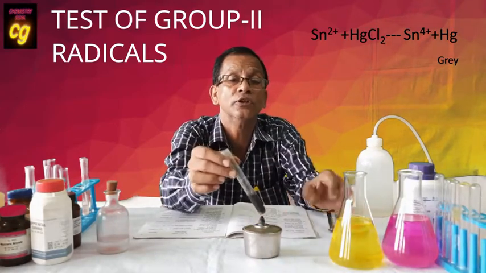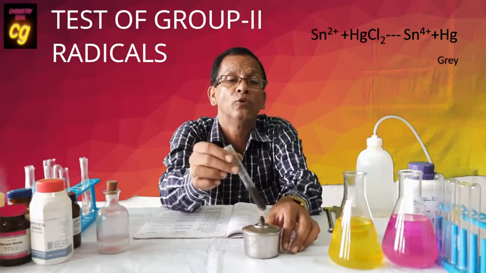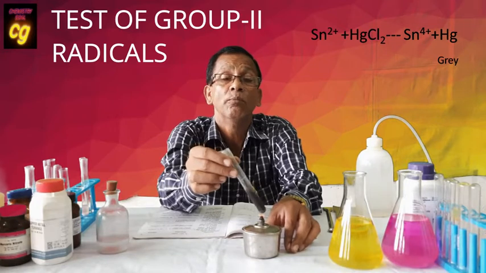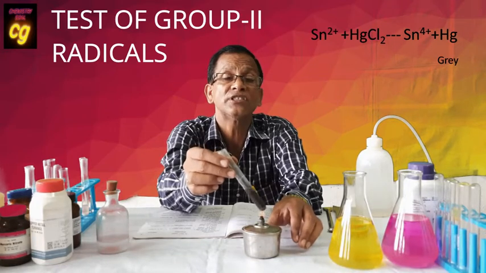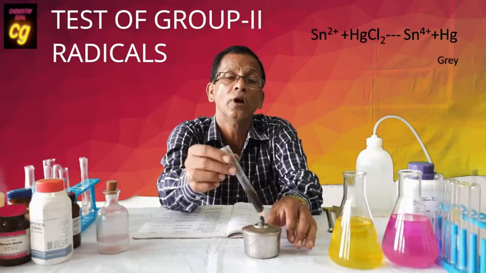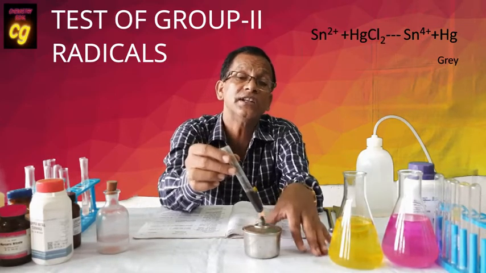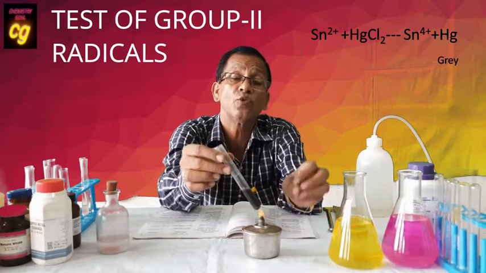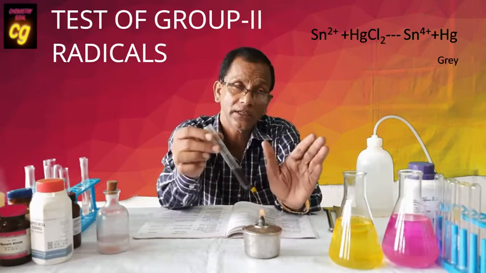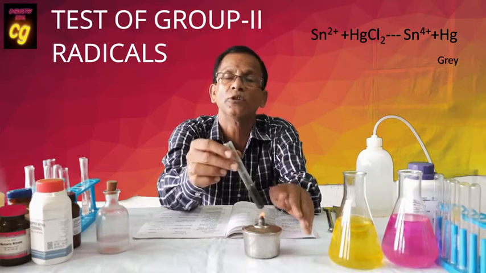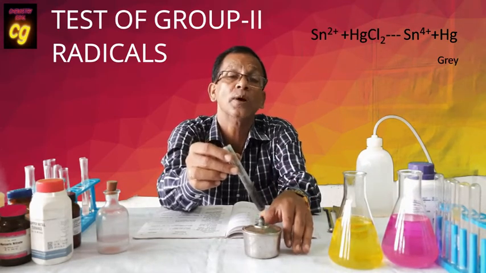If you heat the solution, then the whole mercury will be deposited, because here stannous reduces mercuric salt to mercurous salt, which is white in color. Then when you warm more, the white appearance of mercurous chloride will convert to gray due to deposition of mercury.